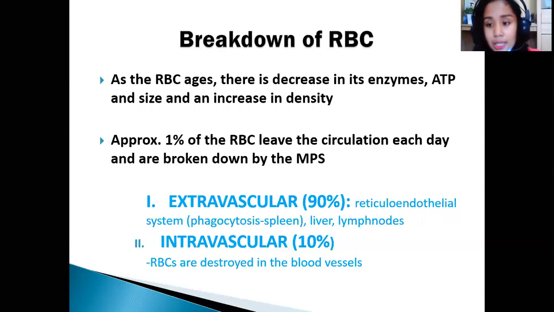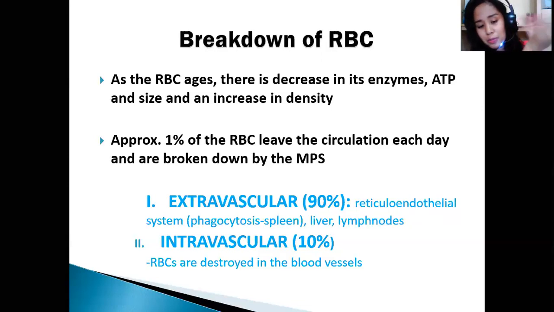Yung intravascular, ito hindi ko pa na-discuss. Your RBCs are destroyed in the blood vessels, wherein they are carried by your haptoglobin. So, your haptoglobin are the protein carriers of free hemoglobin. Yan.